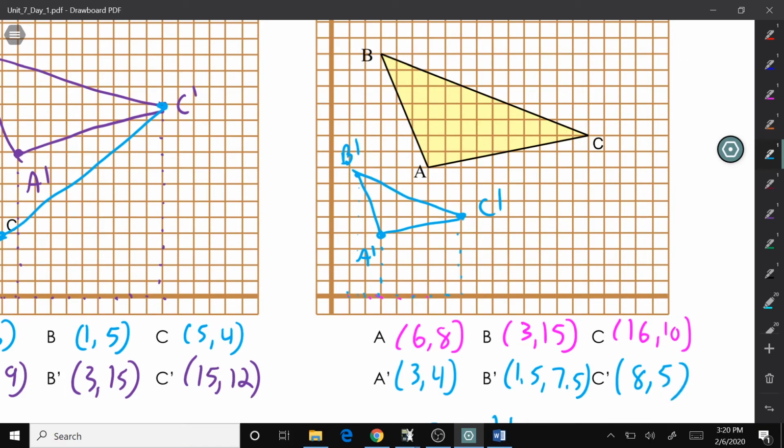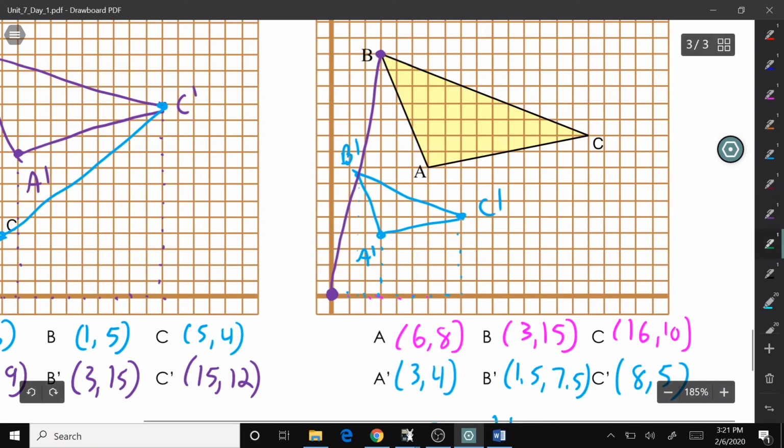So now, our dilation center is at the origin. The distance from the origin to B, if we calculated that distance and cut that in half, that would be the distance from the origin to B prime, because our scale factor was 0.5 or 1/2. So that center of dilation does play a factor into these distances here.